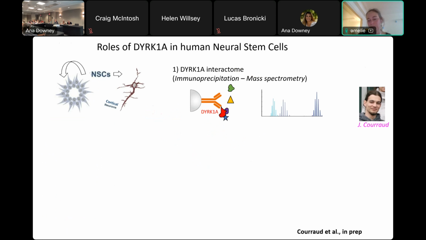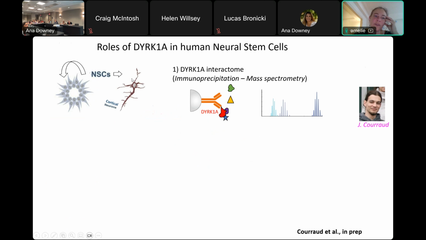So in the lab, we are working to understand a bit more the effect of DYRK1A mutation and DYRK1A haploinsufficiency. We are working with neural stem cells, which are cortical neural progenitors. These cells are able to proliferate and to self-renew, but they can also be differentiated into cortical neurons.